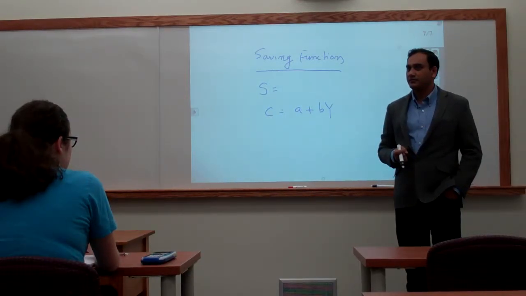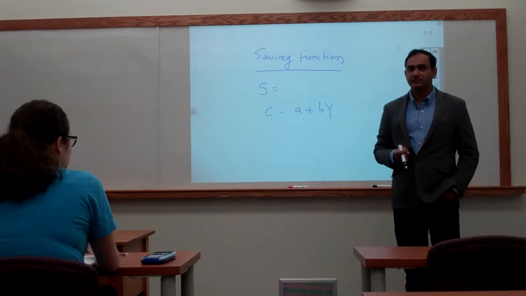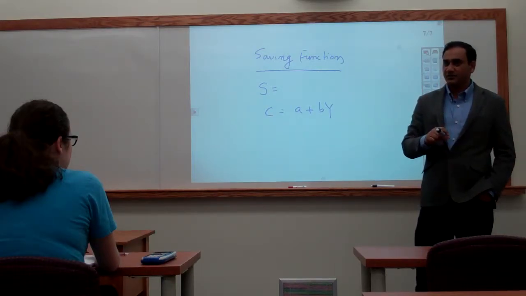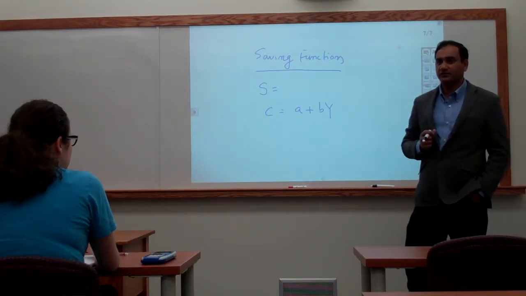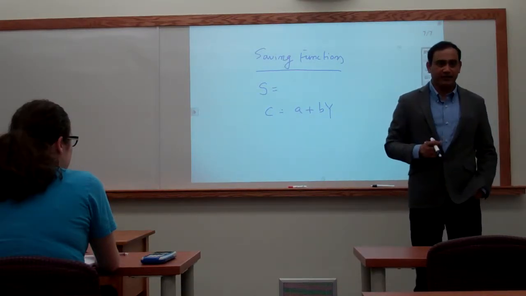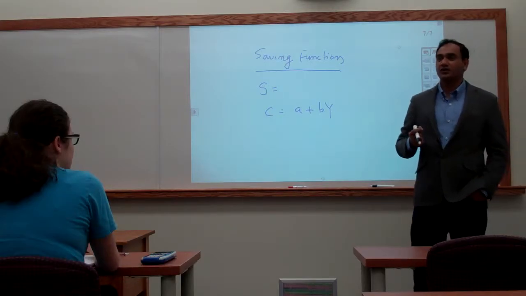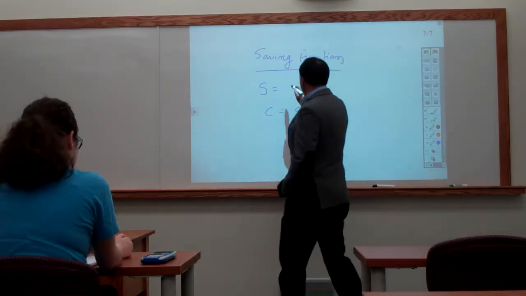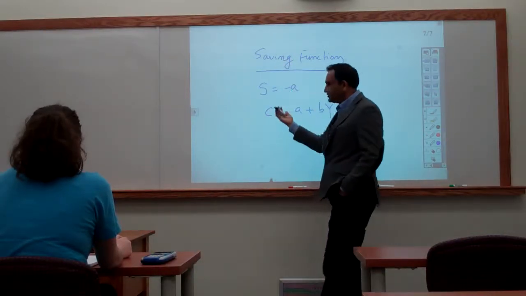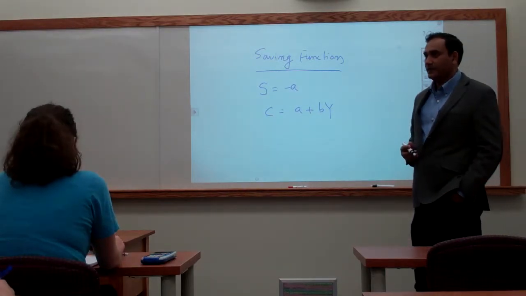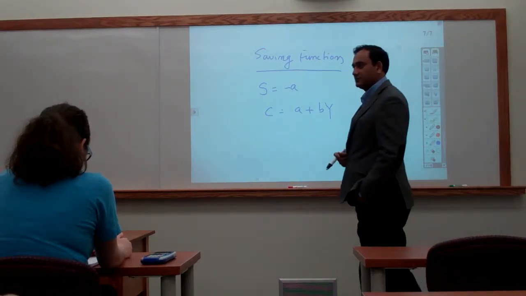Is it greater than 0? I already gave you the clue. Your consumption is financed by past savings, right? So you are consuming A when your income is 0. So what is the level of saving when your income is 0? Negative A, exactly. It has to be negative A, because you are withdrawing money from your savings account to pay for your consumption. It has to match. Is that fine with everybody?